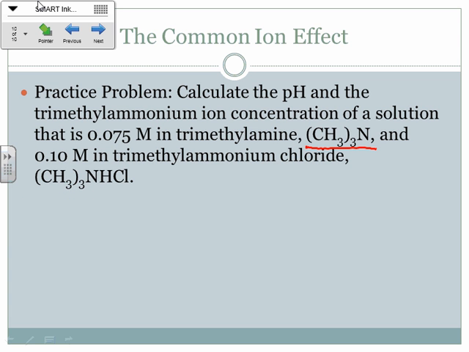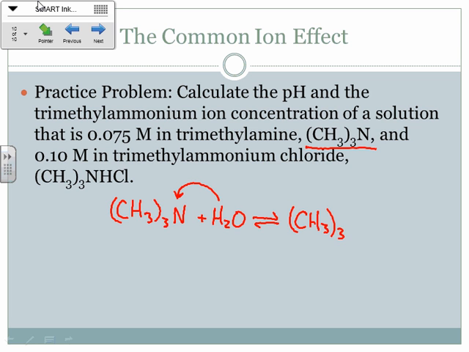Okay, so what we have to do here is write our relevant equilibrium expression. That's going to be CH3N plus H2O. Whenever you're writing a weak base equilibrium, you have to include the water. You can't take the shortcut. One of these hydrogens is going to attach itself to the nitrogen, so we end up with CH3NH plus OH minus.